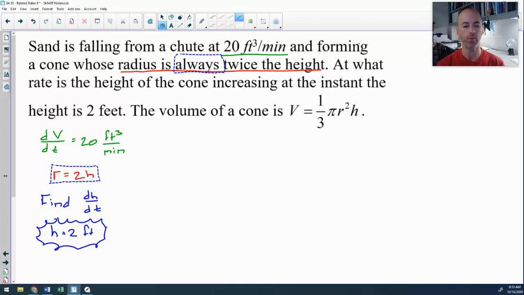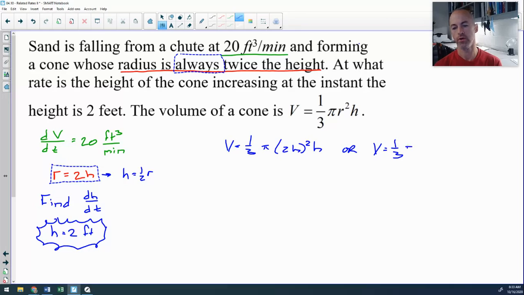So we can make one of two changes. We could plug in 2h for all of the r's and turn my volume formula into 1/3 pi (2h) squared times h, or I could solve for h and plug in half r for the h, and both of these are usable.